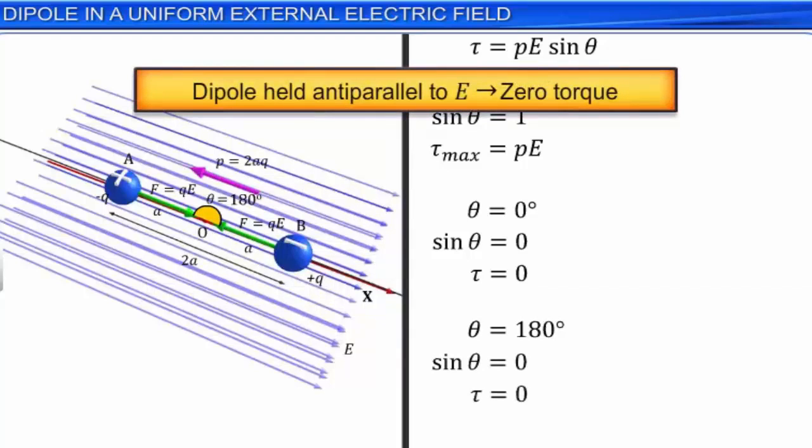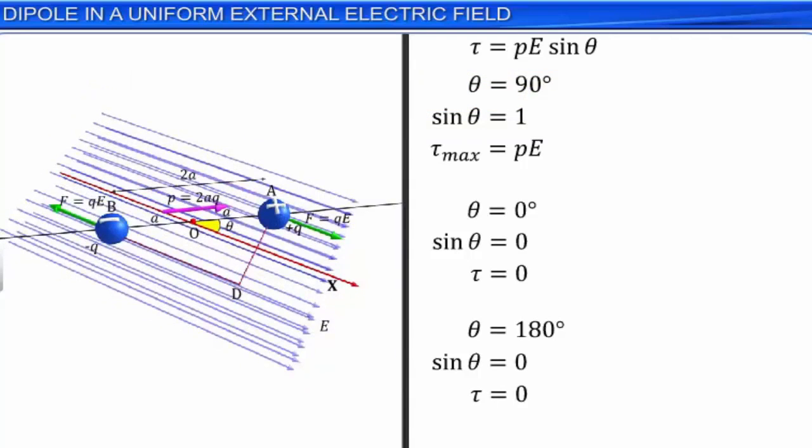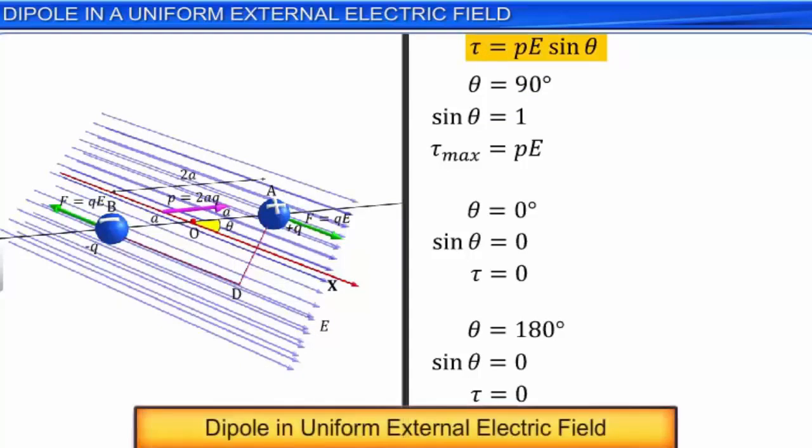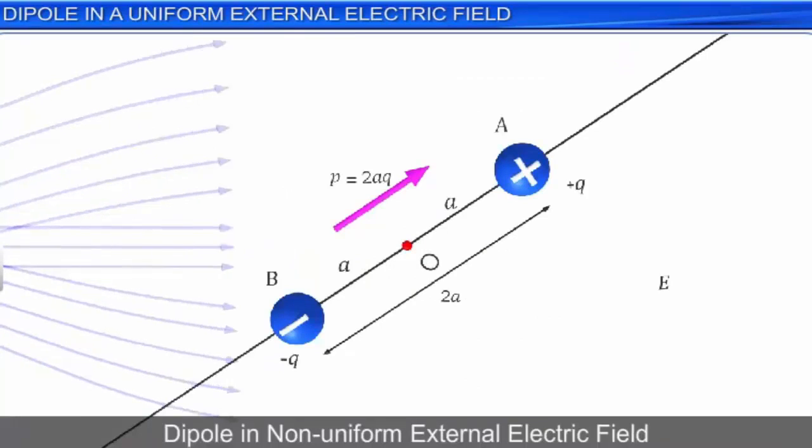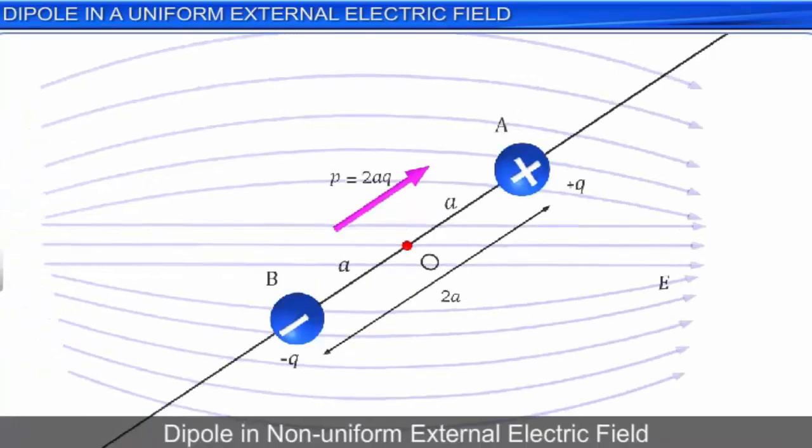From this discussion, we see that the expression tau is equal to pE sin theta will be valid only when the dipole is in a uniform external electric field. But when it is placed in a non-uniform external electric field, then the charges +Q and -Q of the dipole do not experience equal and opposite forces.